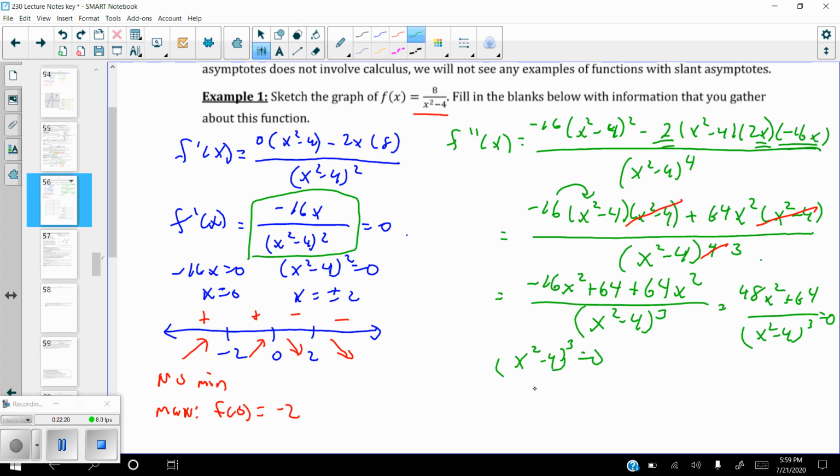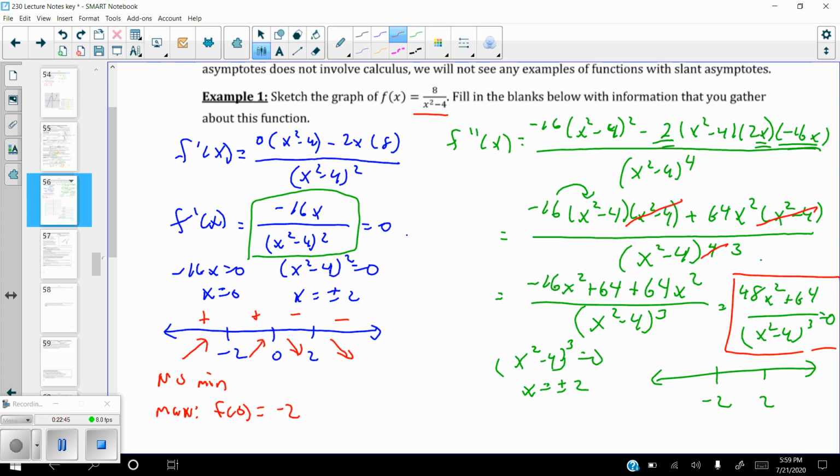So in this case, we're going to get x equals plus or minus 2 for where the denominator equals 0. So let's go ahead and create the number line. Negative 2, positive 2. Again, I am going to look at this particular piece right here to determine the signs.